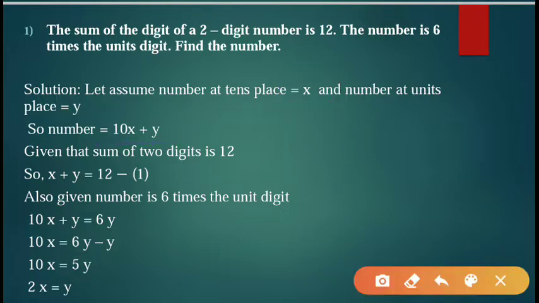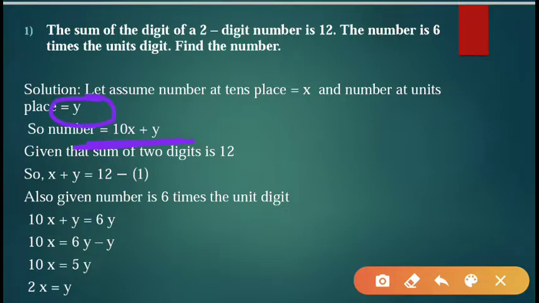Now what is given? In your question it is given the sum of the digits of the number is 12. Okay, so suppose the digits are x and y and their sum is equal to 12, and let's consider it equation 1. Now it is also given that this number is 6 times the unit digit. What is the unit digit?